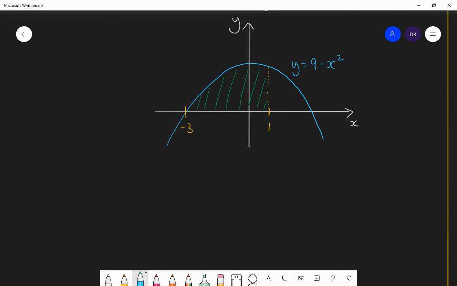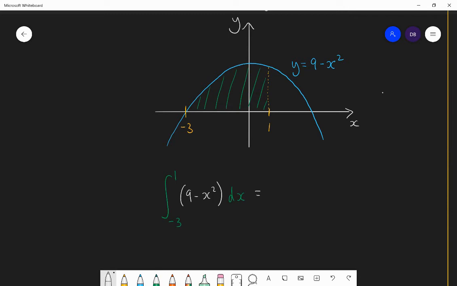And the definite integral that will find this area is the following one. It's the integral from the lower limit minus 3 up to the upper limit 1 of 9 minus x squared with respect to x. So if we integrate that and then we substitute the numbers 1 and minus 3 and subtract, we will get the area required.